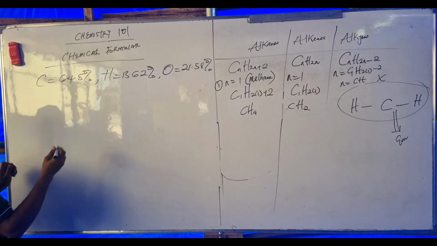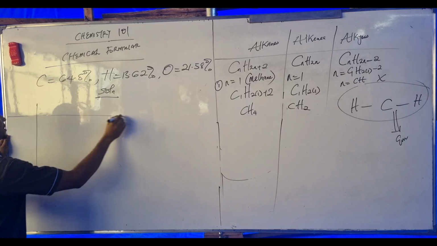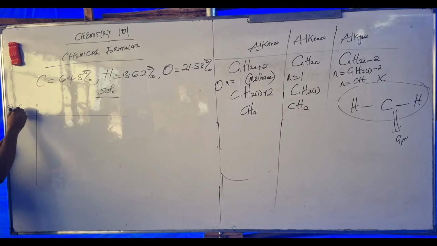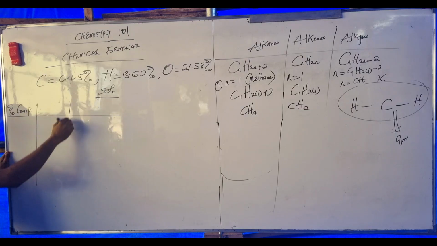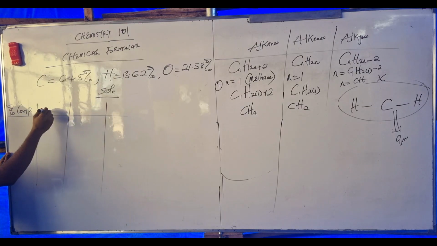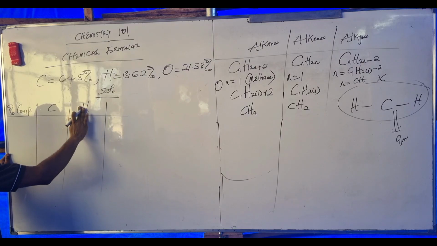Are you there? So the solution to this is that I'll create a table, right? What do you have here? Percentage what? Composition. Okay? And how many elements do we have here?